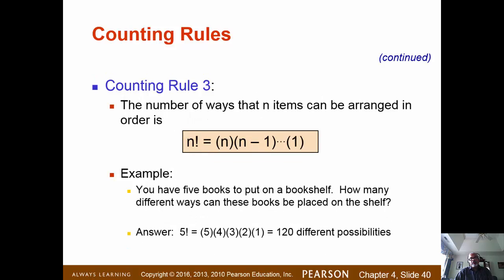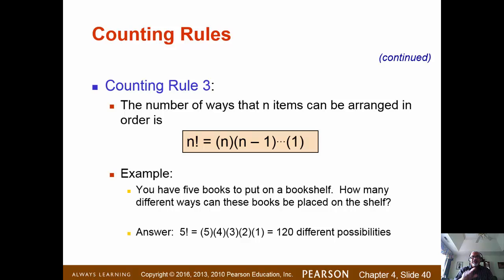Counting rule number 3. How many ways can you arrange n items? Suppose you have a race and there are 6 participants in the race. How many outcomes are possible in terms of the first person, second, 1, 2, 3, 4, 5, 6? So how many possible ways can the race end up?